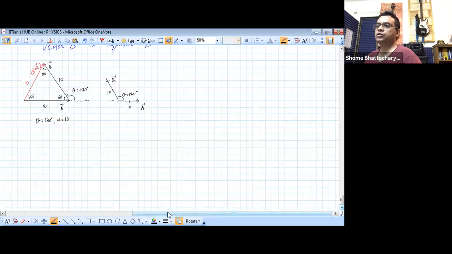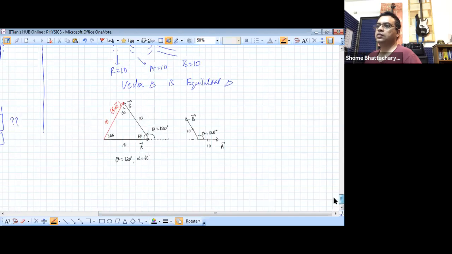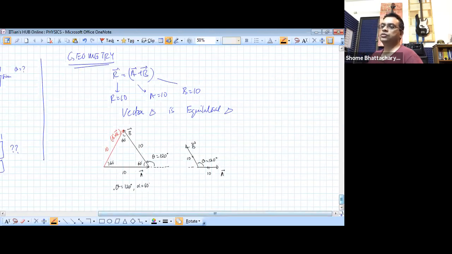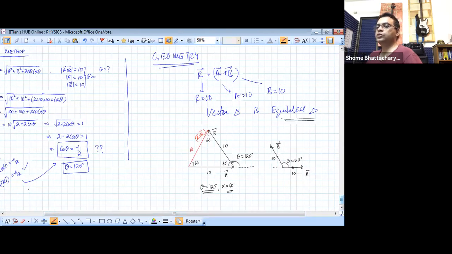So this is by the geometry. That's also pretty easy method. So just by recognizing that it's an equilateral triangle, you immediately get that theta is this and alpha is 60. And of course, here by the formula method to prove that alpha is 60, you have to also use this formula. Tan alpha is b sine theta upon a plus b cos theta.